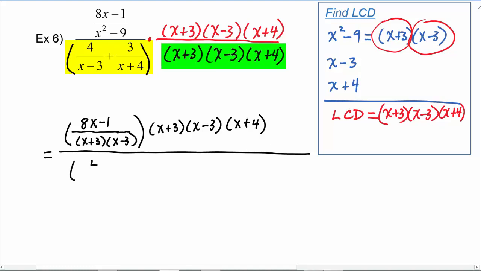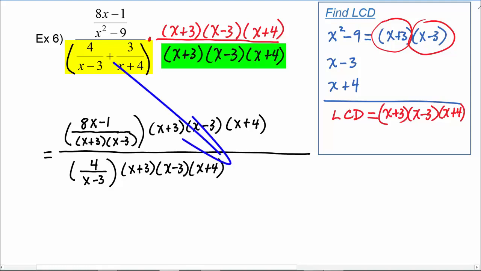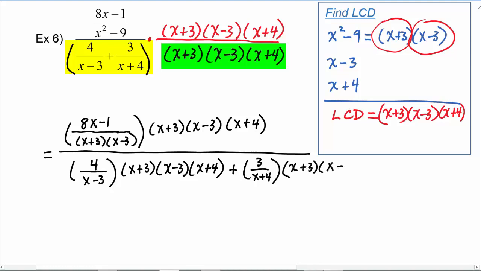So we'll get 4 over x minus 3 times the LCD, x plus 3, x minus 3, x plus 4, plus we have 3 over x plus 4 times the LCD, x plus 3, x minus 3, x plus 4.